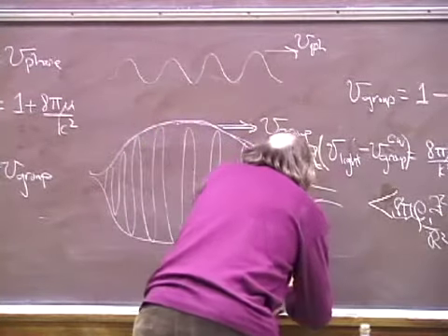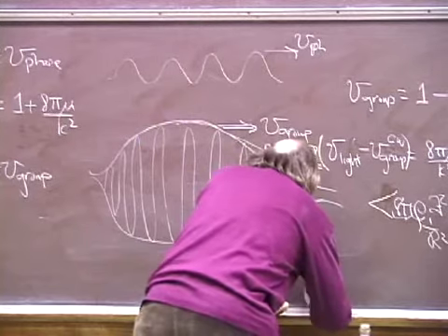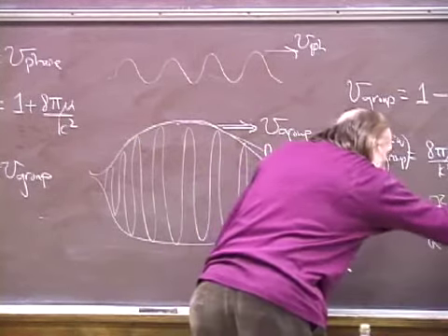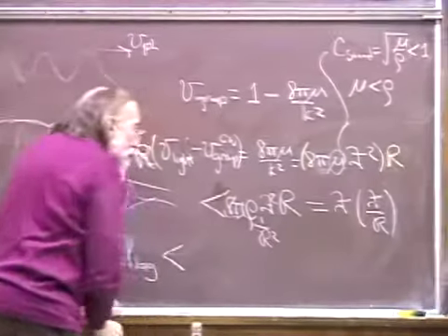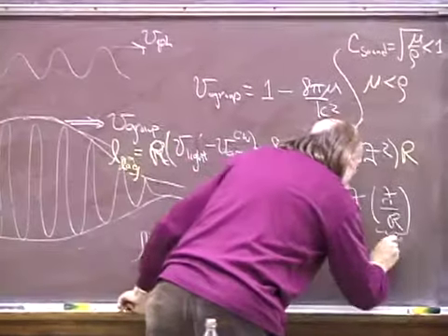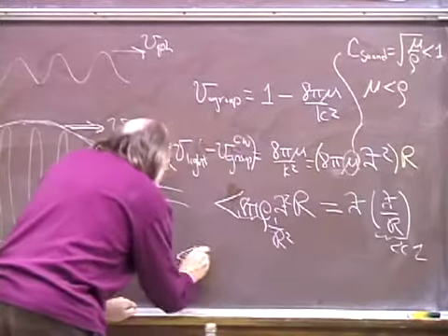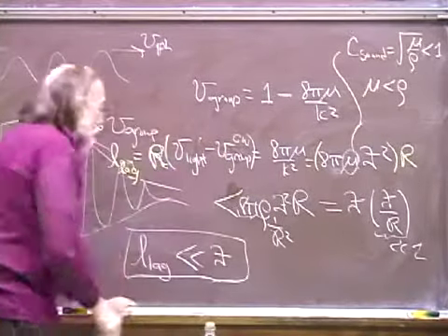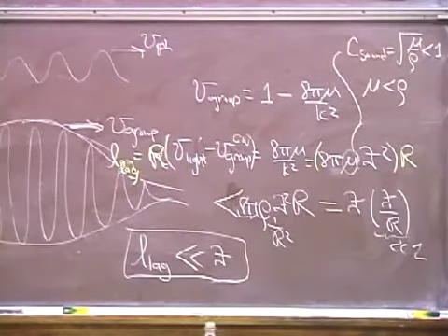So the lag distance is less than, this must be small compared to 1 in order for these even to be waves. So the lag distance is small compared to the reduced wavelength of the waves. So dispersion is totally negligible.